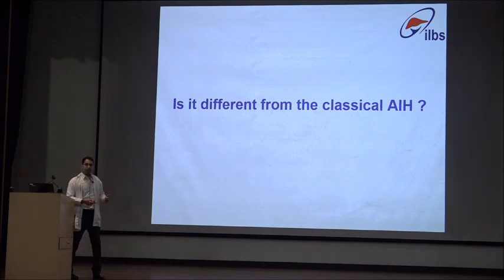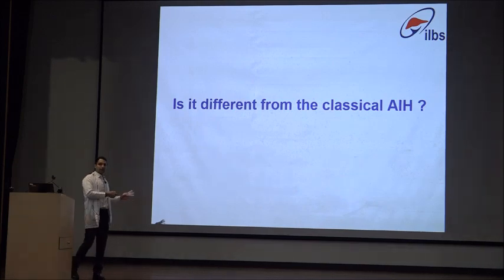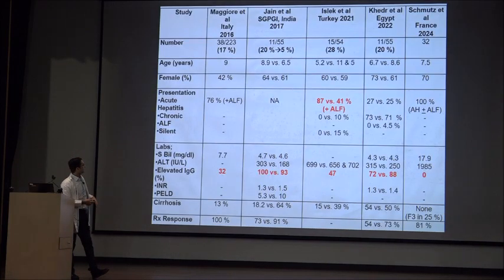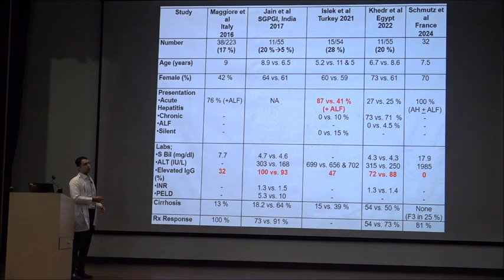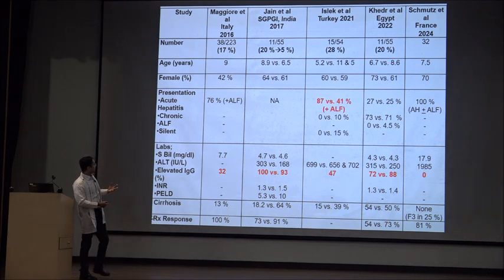But is seronegative AIH different from classical AIH? This is a very busy slide compiling 5 pediatric studies, in which, barring one study which showed that seronegative autoimmune hepatitis had a higher propensity to cause a more acute presentation, other series have not shown this kind of difference.